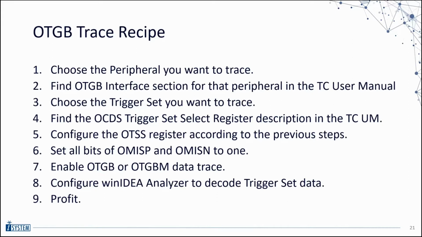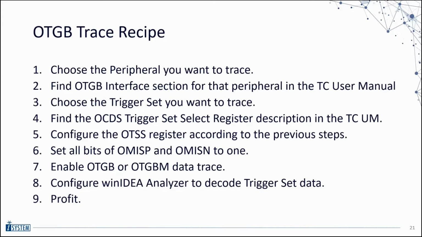You can configure the OTSS using a WinIDEA initialization file, manually set the values in the SFR view, or write to the registers from your application. The initialization file is probably the most straightforward approach. You also have to make sure that all bits of OP in ON are 1.